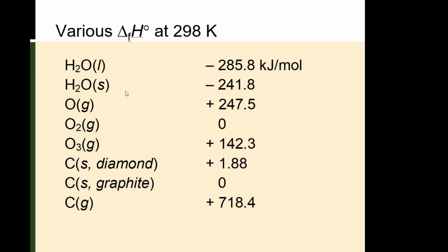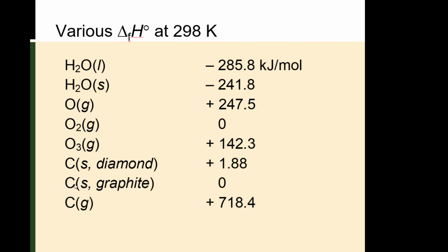Now, if you flip to the back of the book or whatever appendix you're using to look at different delta H or enthalpies of formation for different compounds, notice that the standard enthalpy of formation for an element, so if I just looked at oxygen in its standard state, O2, is 0.